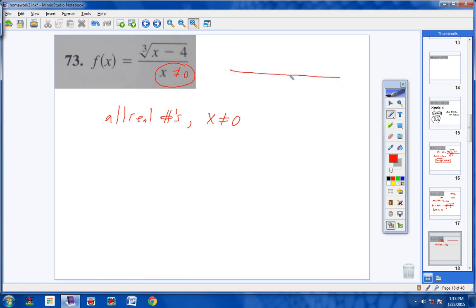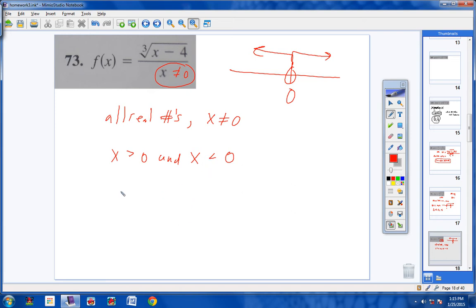Now let's get a quick graph of this. Here's 0. So we know it's going this way, and we know it's going this way, but it's not inclusive. Don't color that in, okay? For inequalities, I would say x is greater than 0 and x is less than 0. Okay, so there we go.